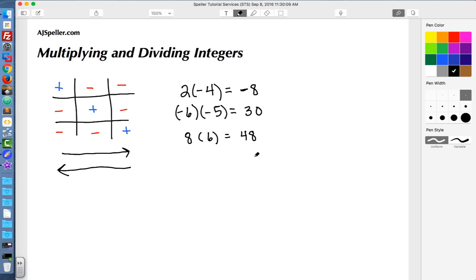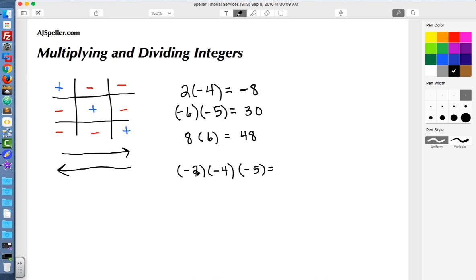Now let's throw in a little something extra. Let's say you have three integers that you're trying to multiply. Let's say you've got a negative 2 times a negative 4 times a negative 5. Here we're going to do this in stages. We're going to take the negative times a negative. A negative times a negative gives me a positive.